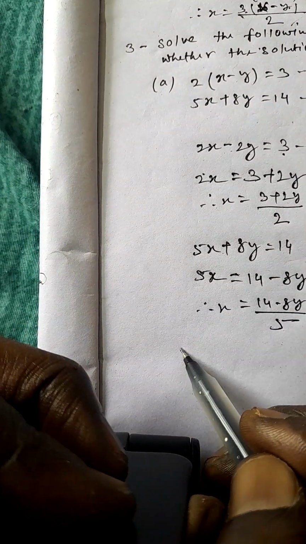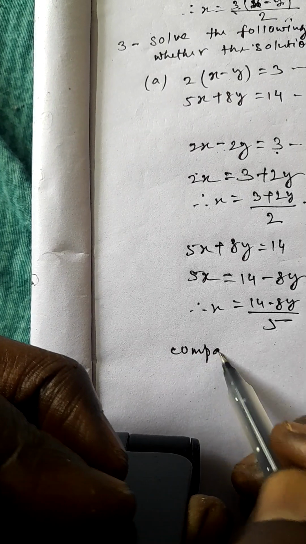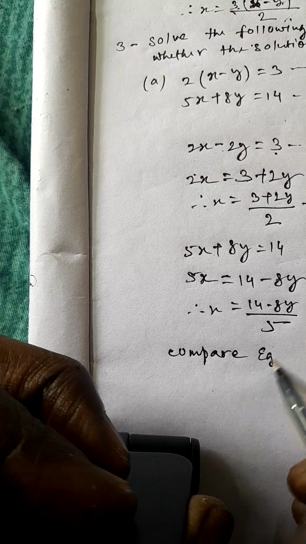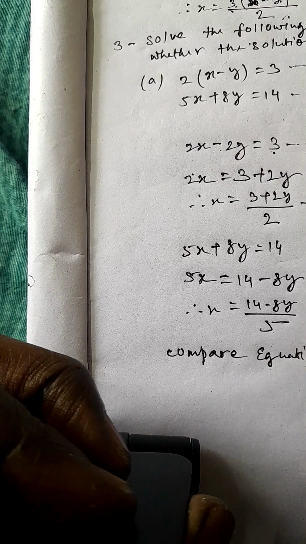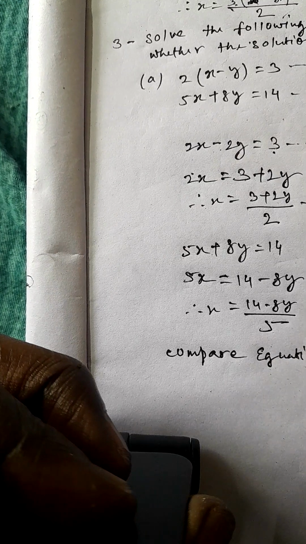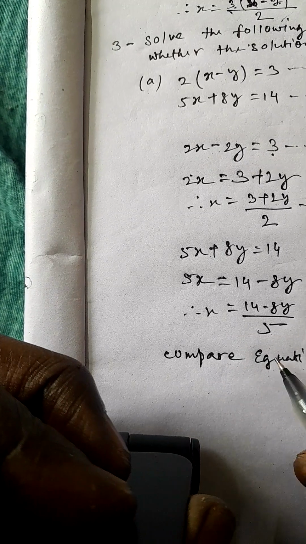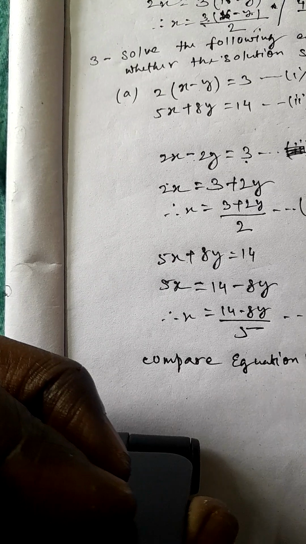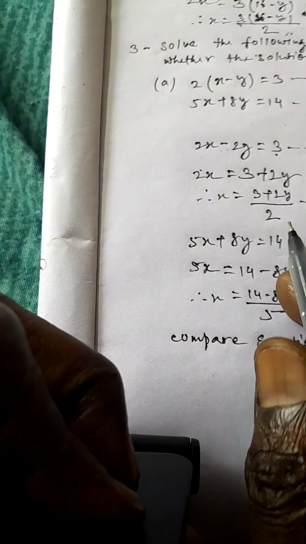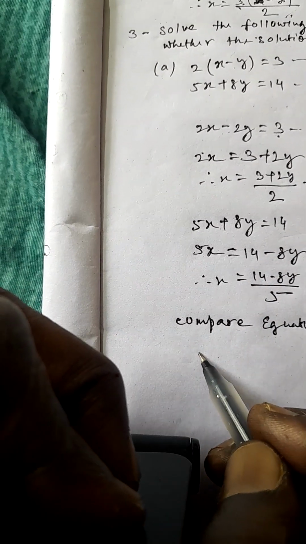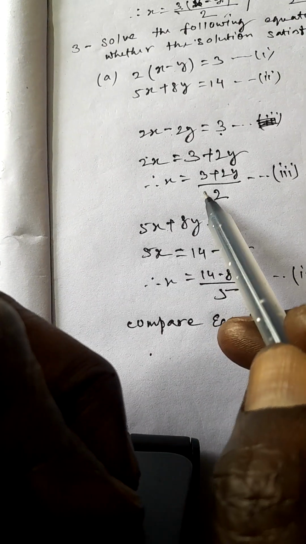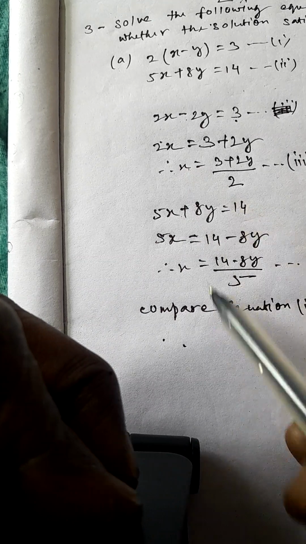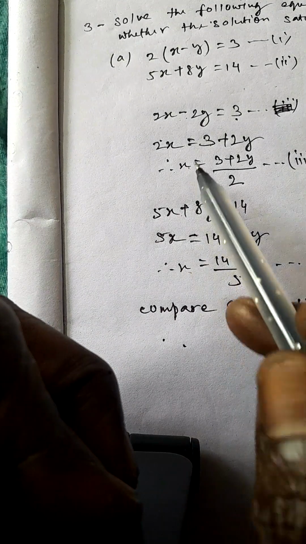Now we have to write compare, because this is the comparison method, so compare equation 3 and 4. If you compare 3 with 4, we have got both values of x, so compare both values of x.